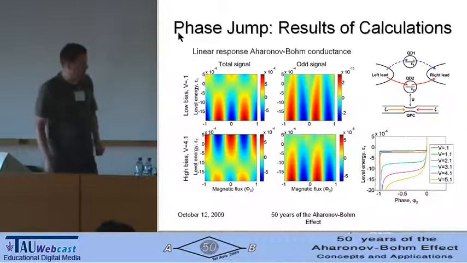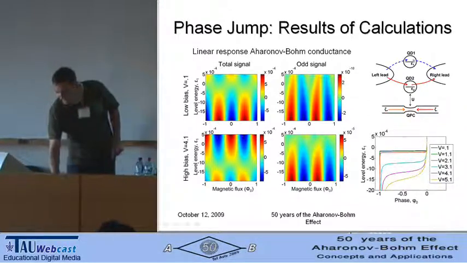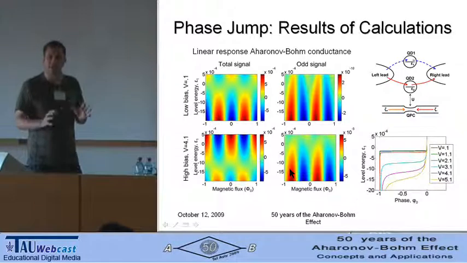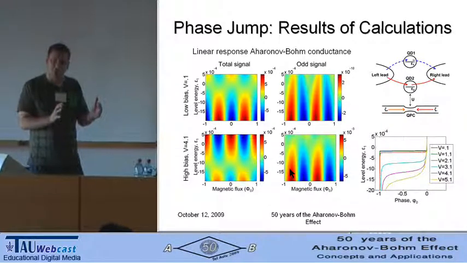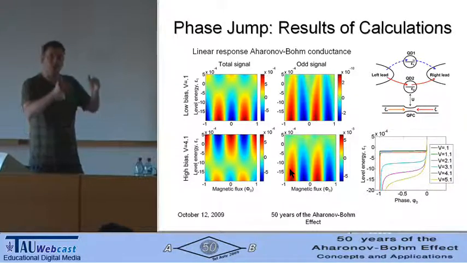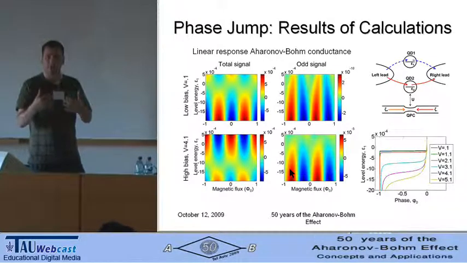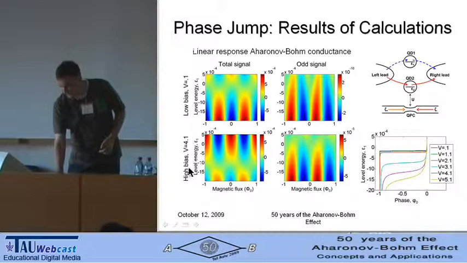This happens because the odd harmonic of Aharonov-Bohm oscillations, which is shown here, is about an order of magnitude smaller than the even harmonic of the Aharonov-Bohm oscillations. But when we go in the regime of the phase jump, the even harmonic of Aharonov-Bohm oscillations becomes very small and becomes comparable to the odd harmonic. And this is why in this regime, any asymmetry should be very manifest.